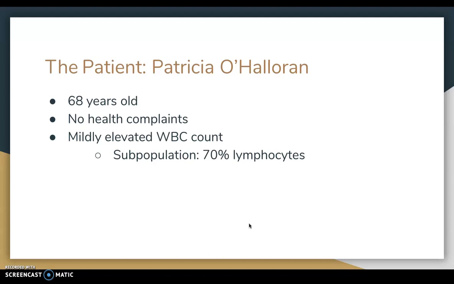The normal amount is usually 4,500 to 11,000 cells, so hers was quite higher than that. However, her other blood counts for red blood cells and platelets, all of that, were entirely normal. So her blood was sent to flow cytometry to determine whether these lymphocytes were normal or potentially malignant.